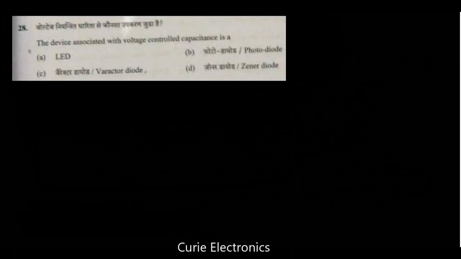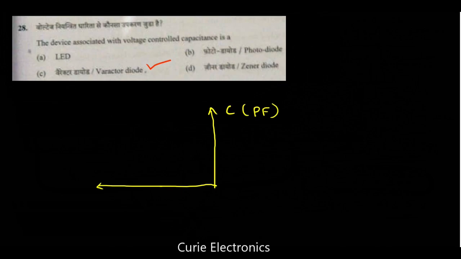Question number 28. The device associated with voltage controlled capacitance is a varactor diode, as all of us know. How do you draw the characteristic curve of a varactor diode? Let this be the capacitance in pF, and this is the reverse voltage: minus 5 volt, minus 10 volt, minus 15 volt.